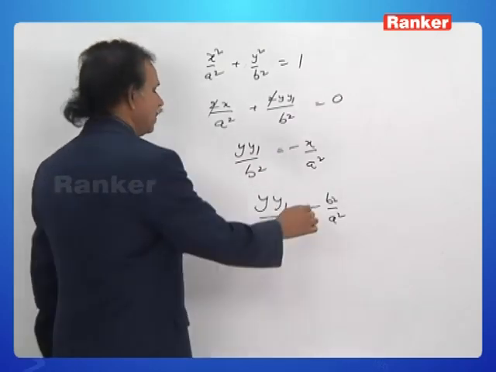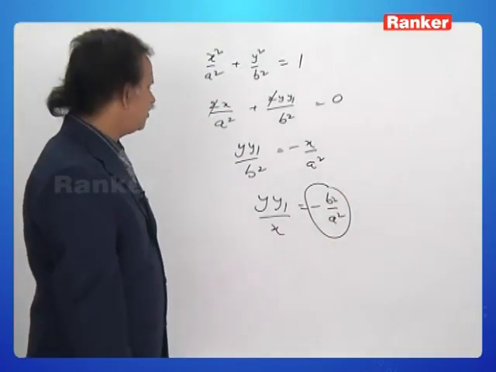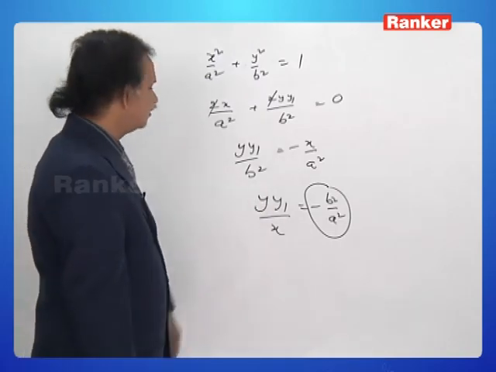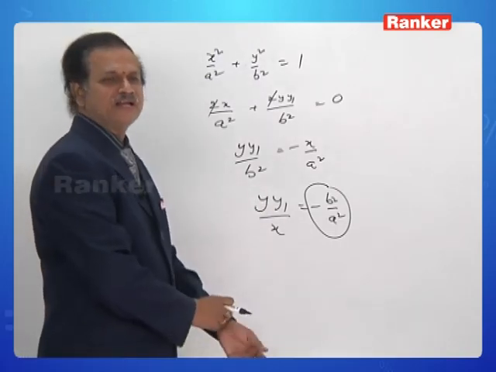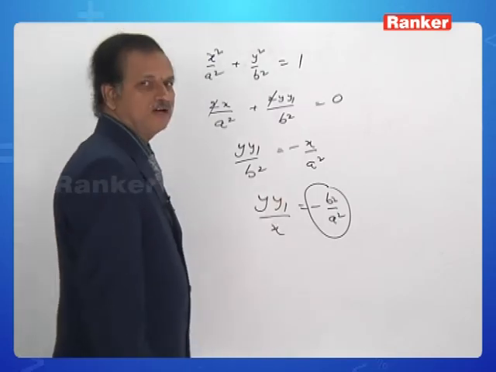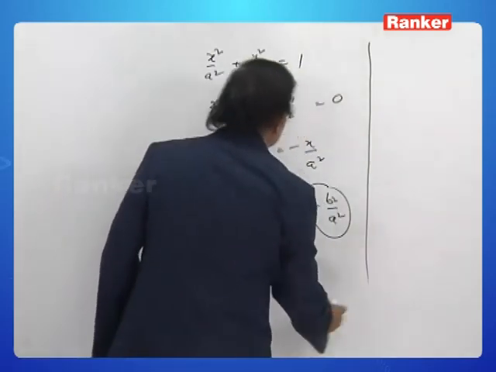As you see, this minus b square by a square entirely is a constant. While you are differentiating, its derivative vanishes, thereby both a and b are eliminated at one instant. Yes, differentiate with respect to x on both sides.